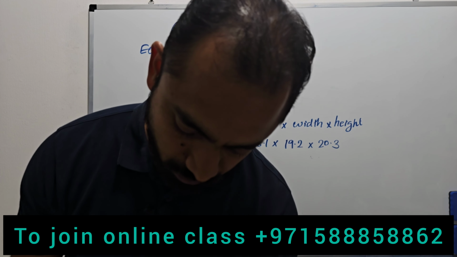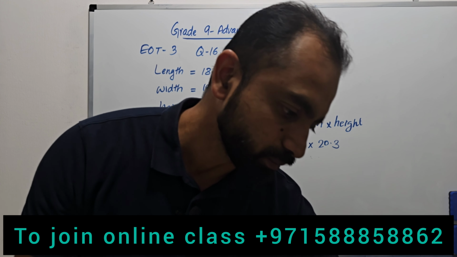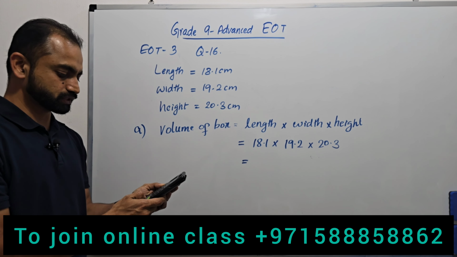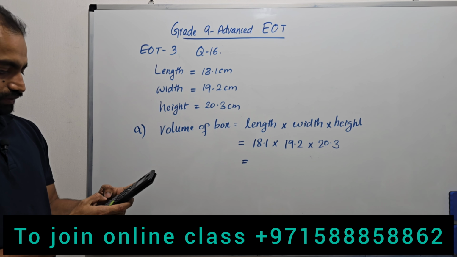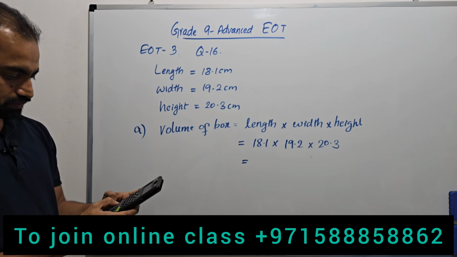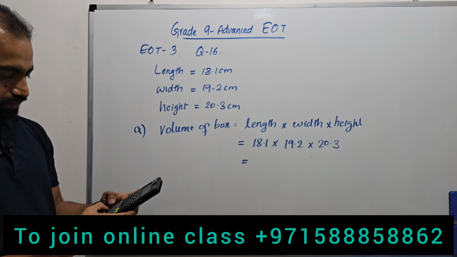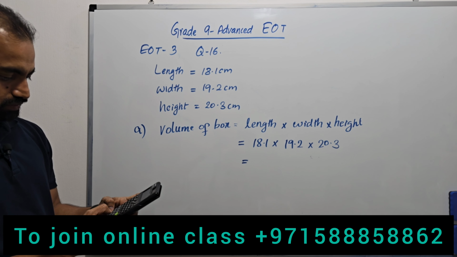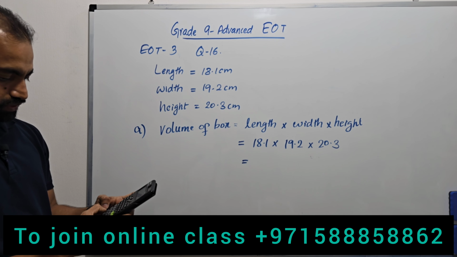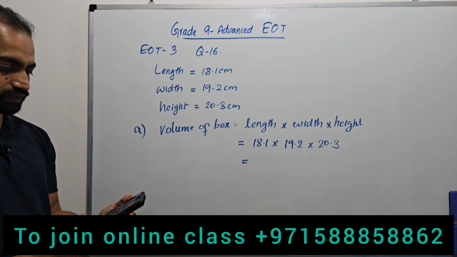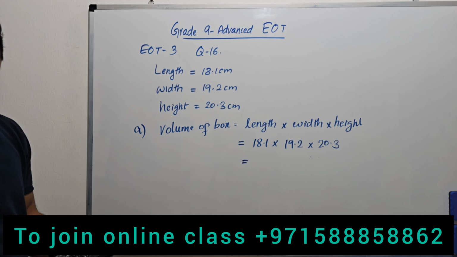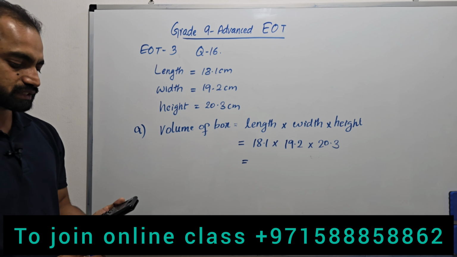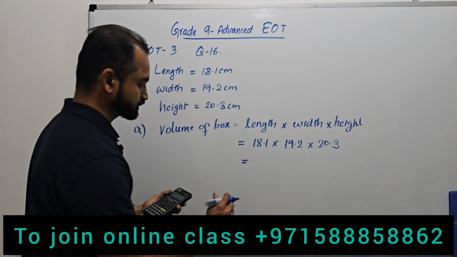So when I use the calculator, what is the value I am getting? Let me check. 18.1 times 19.2 times 20.3 equals 7054.656, right?